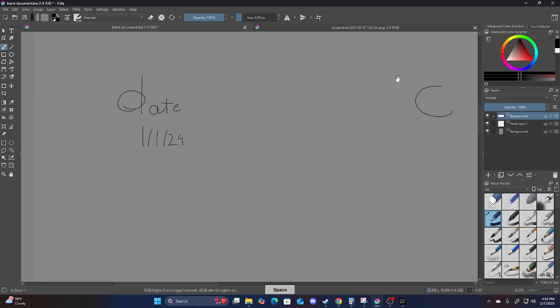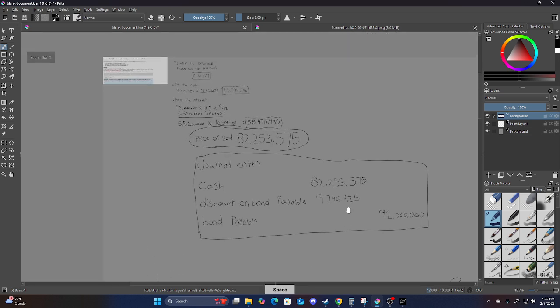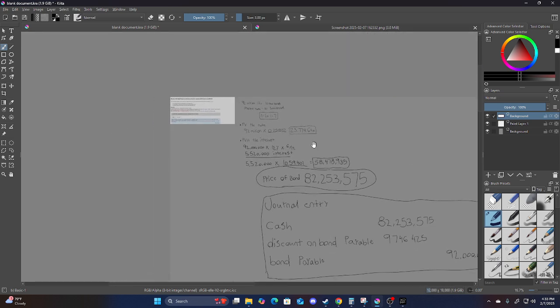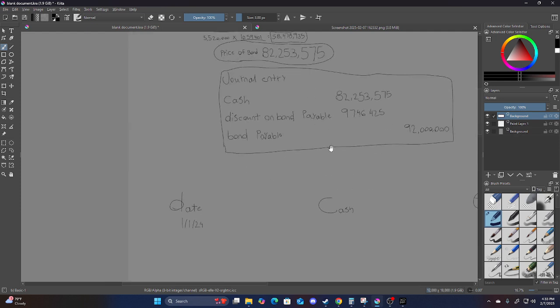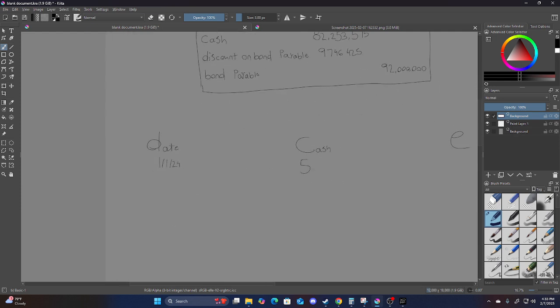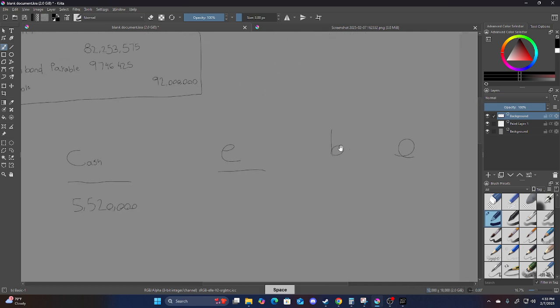This is cash. What do we put on cash? We put the interest, so 5.52 million. We're not going to put anything there yet.